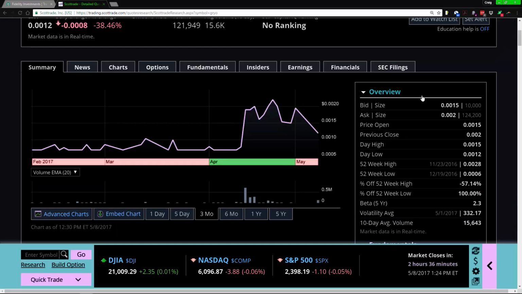Say for example right here, you want to buy whatever amount at 0.002 per share. You can only buy up to 100,240 and 200 shares at that amount. That's the most you can buy.